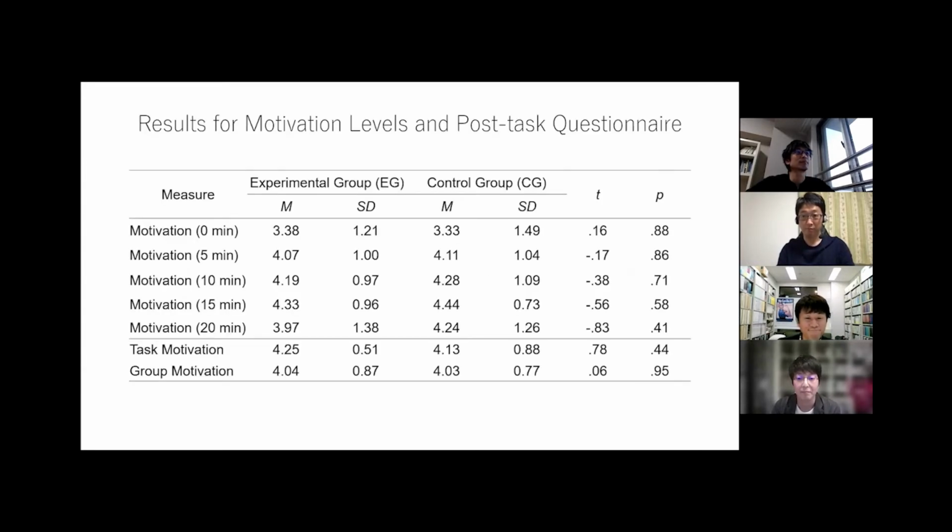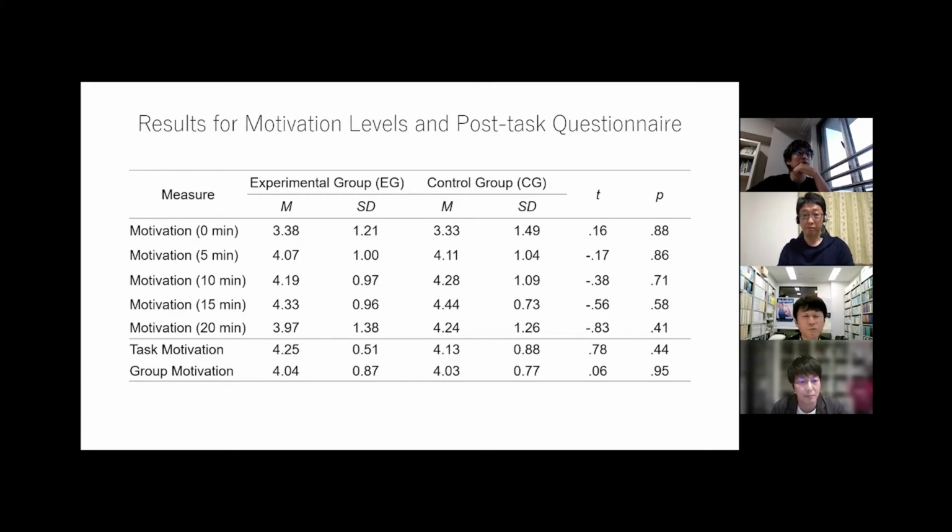Okay, so in my part, I will briefly talk about the results of the current study. So first, we conducted t-tests to compare motivation levels at different time points and the attitudes toward group work. That is task motivation and group motivation in the experimental group, EG, and control group, CG.